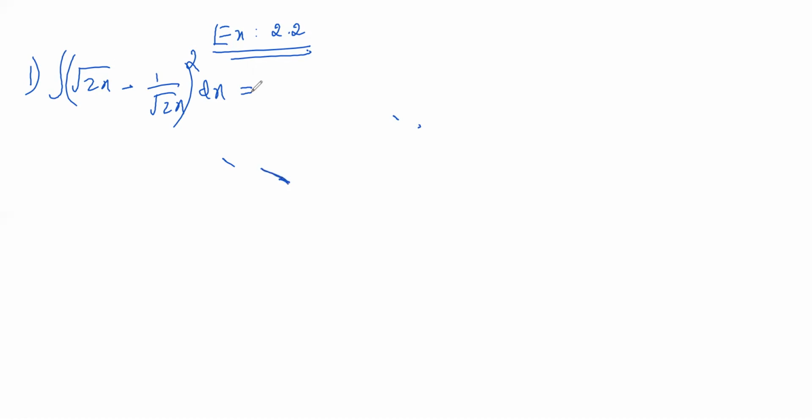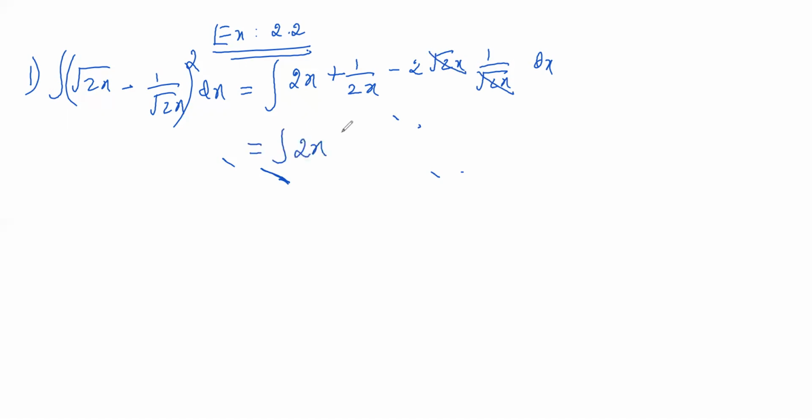So we get the integral of a squared, root 2x the whole squared, which is 2x, and b squared, that is 1 by root 2x the whole squared, which is 1 by 2x, minus 2ab, minus 2 into root 2x into 1 by root 2x dx. Here root 2x gets cancelled. So the integral of 2x plus 1 by 2x minus 2 dx.